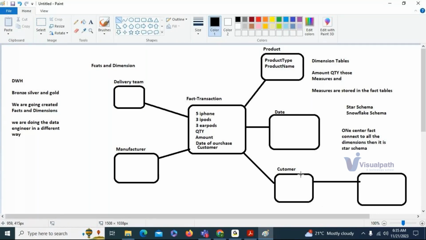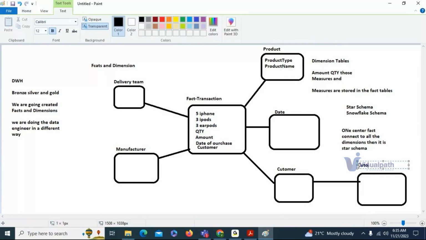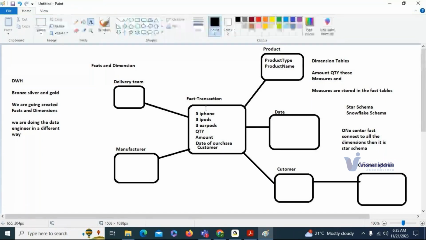So you are maintaining customer address in a different table, customer address information. Now, if you look at this fact transaction, it won't have a direct relationship to the customer address. It has a transitive relationship. I have to go through customer and then to the customer address.